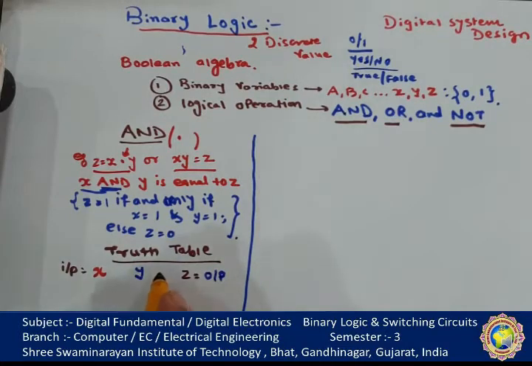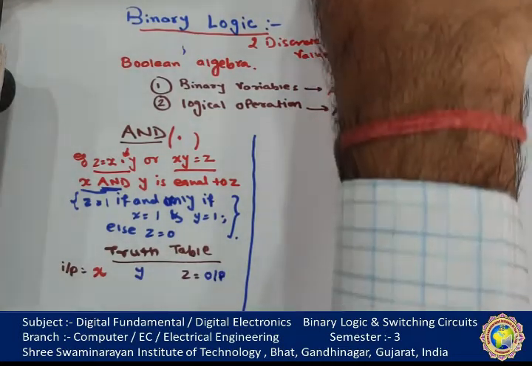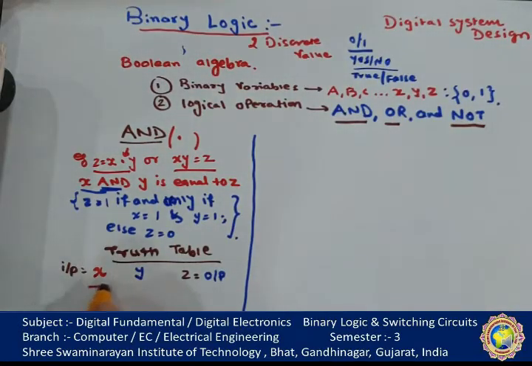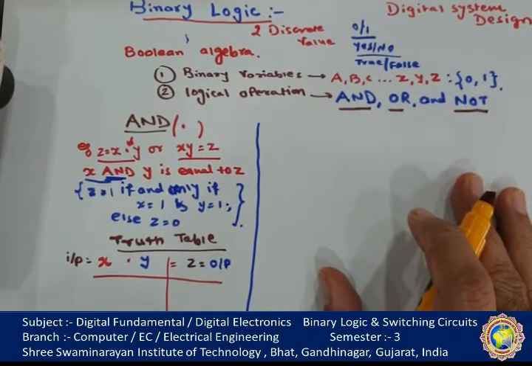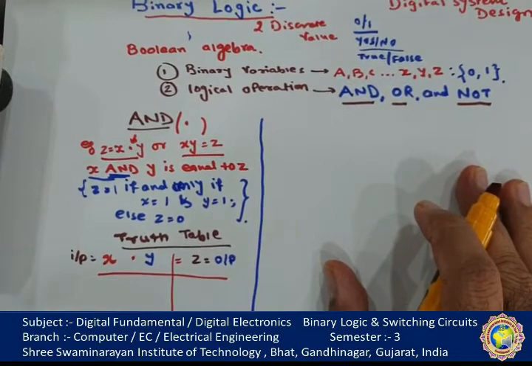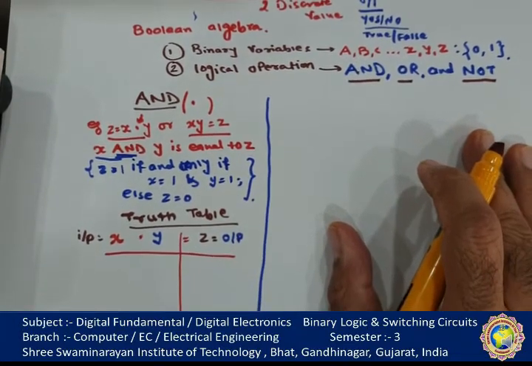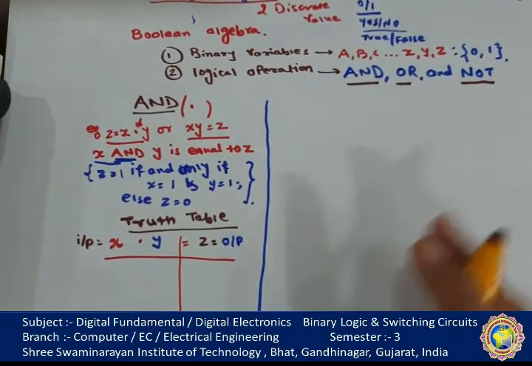So here X dot Y equals Z. The truth table covers all the possible combinations of variables, showing the relation between X and Y, so that we obtain the result in each and every combination.